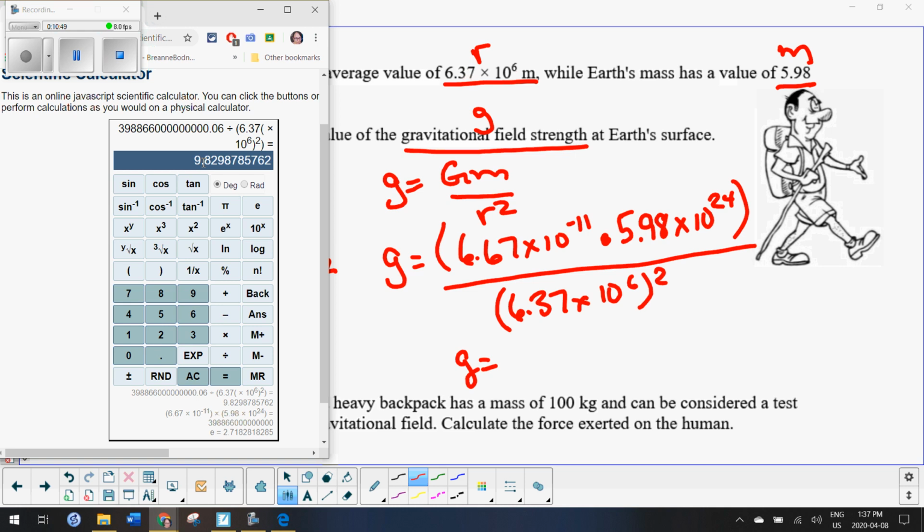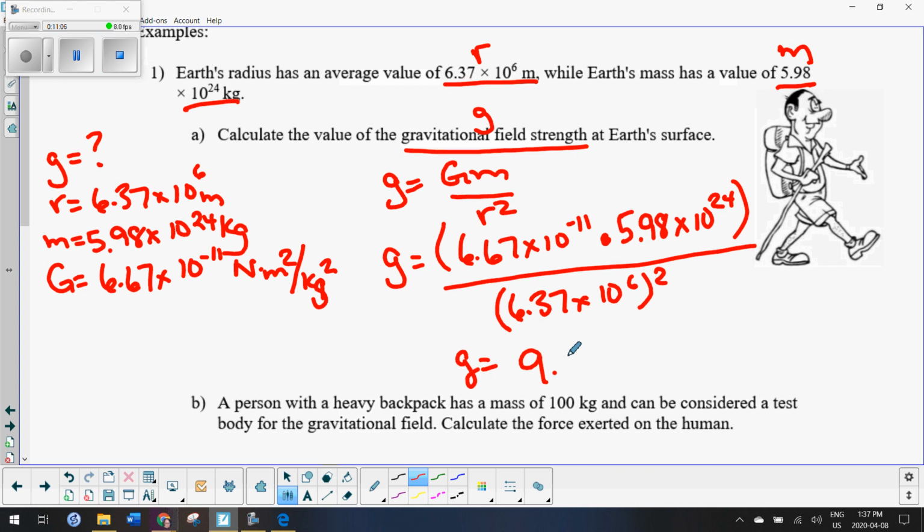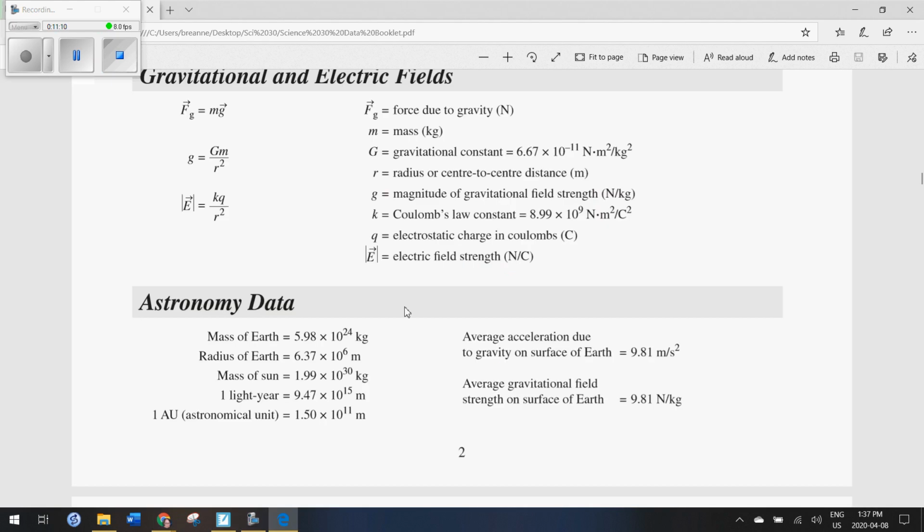On most of your tests, I will say record to 3 digits or record to 2 digits. So for this one, we're just going to record to 3 digits: the 9, the 8, and the 2. But you always must make sure you round. So that 9 tells that 2 to round up to a 3. So my answer should be 9.83. Now, looking for units, just use your data booklet.